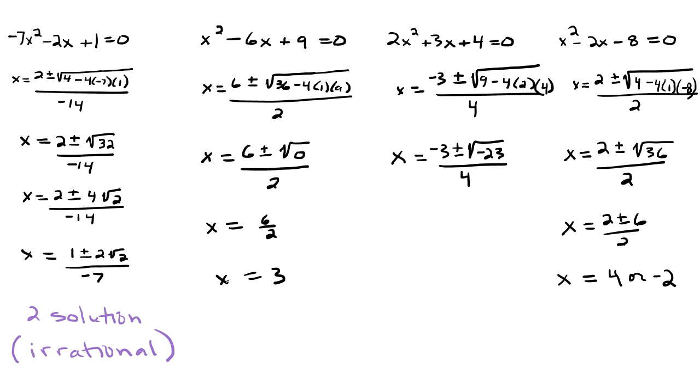Over here, I got 1 solution, and the reason I got 1 solution was because I ended up with a 0 under the radical, which made this whole term drop out, and I just got 6 over 2. That solution would be rational.